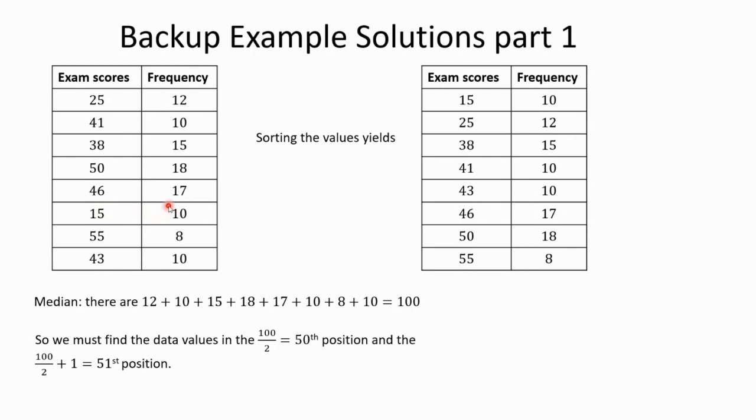That's why the top row, the smallest value, is 15, 10. So it's almost like you're sorting the rows based on the exam scores. So 15 is first. We also have 25. We also have 40. And next after that would be 38, and so on.